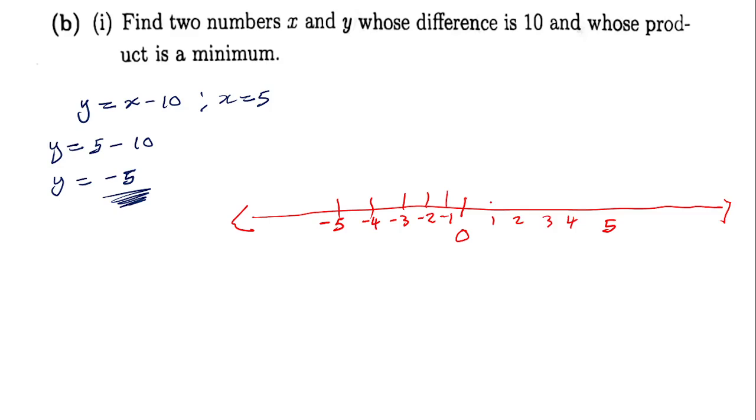If you want to see the difference between them, you can count 1, 2, 3, 4, 5, 6, 7, 8, 9, 10, which is 10. 5 minus negative 5 is 5 plus 5, which is 10.